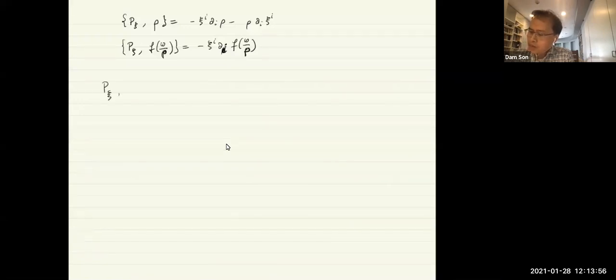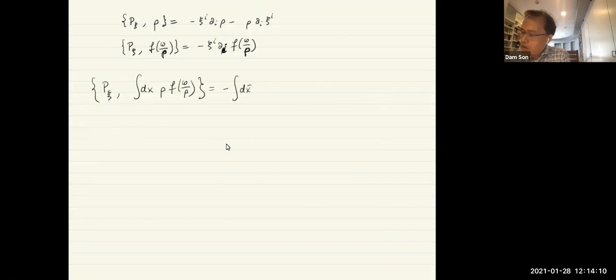So the commutator of C with this integral of rho f(omega over rho) gives minus integral dx of minus Ci di rho times f, minus rho di Ci times f, minus rho Ci di f.